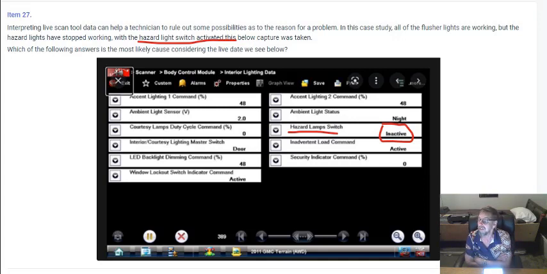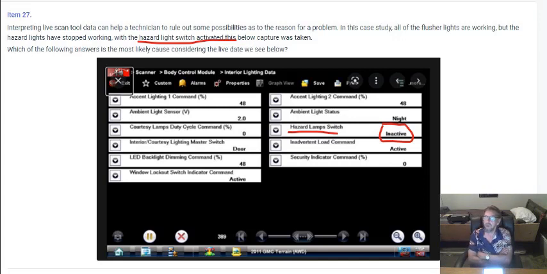In this case study, all of the flasher lights are working, but the hazard lights have stopped working. With the hazard light switch activated, that's an important word, activated, this below capture was taken. Which of the following answers is the possible likely cause considering the data we have below?